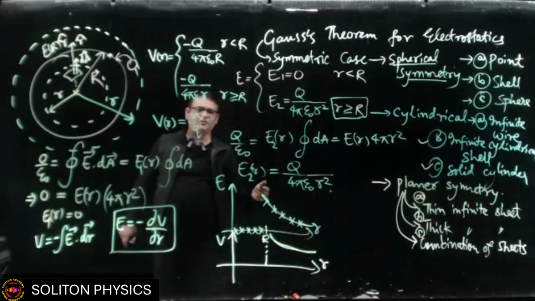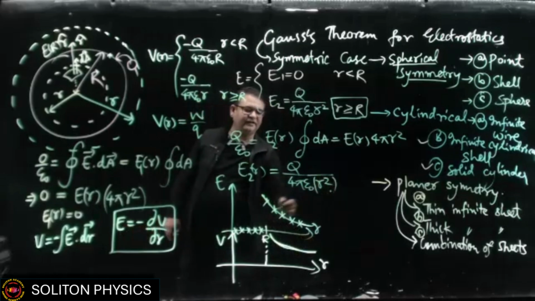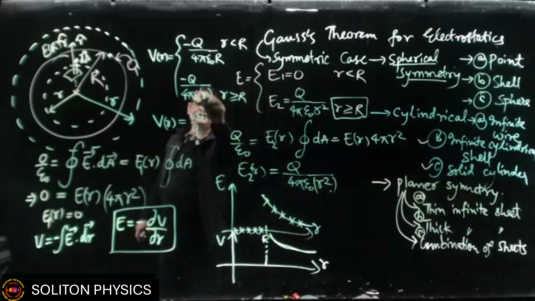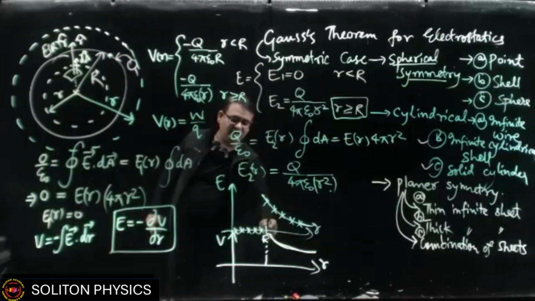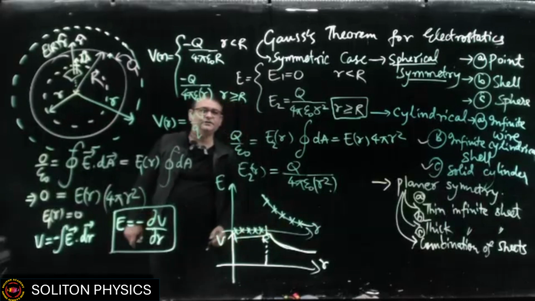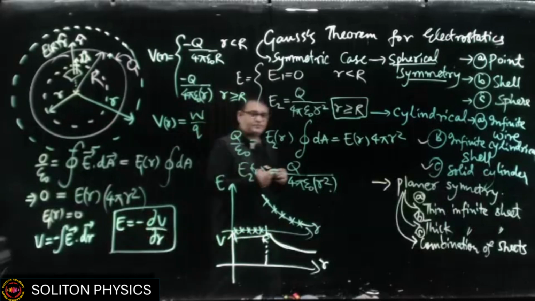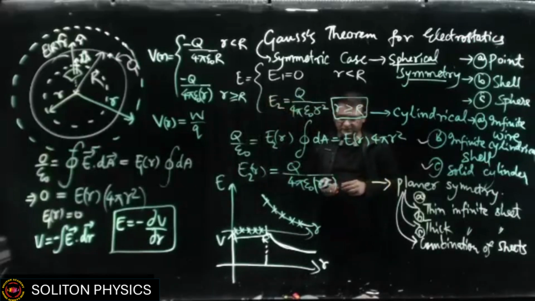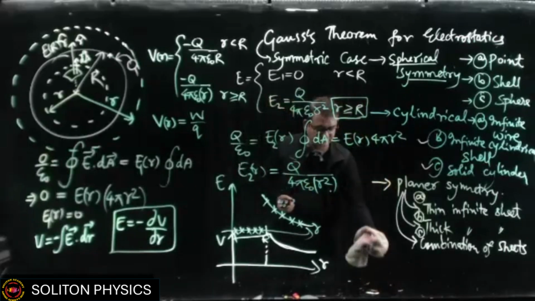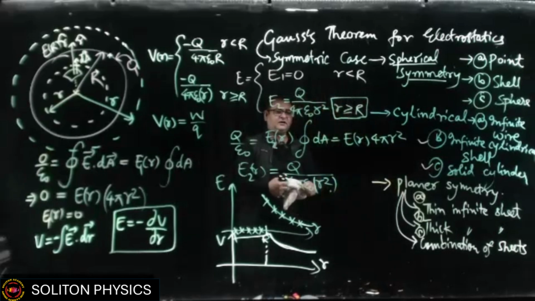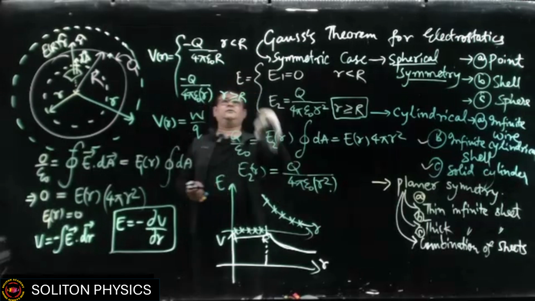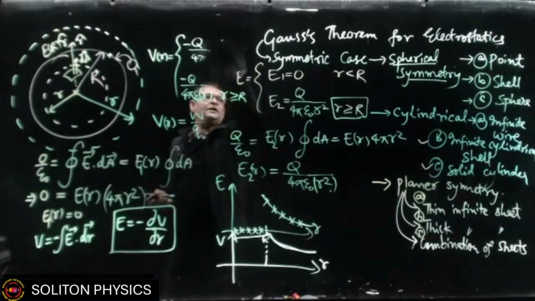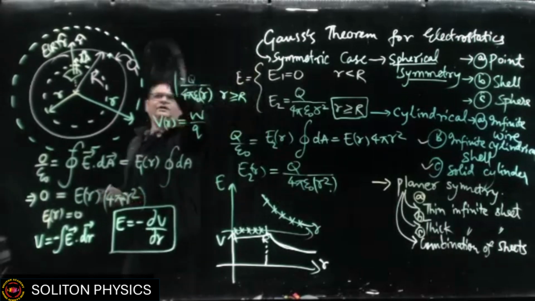V is also hyperbolic because you see electric field is 1 by R square, potential is 1 by R. And then it becomes a constant. So after R, this will be constant. Is this point clear? Everyone, is this point clear? Yes, sir. Any doubt, any question? No. Okay, so let's move on.